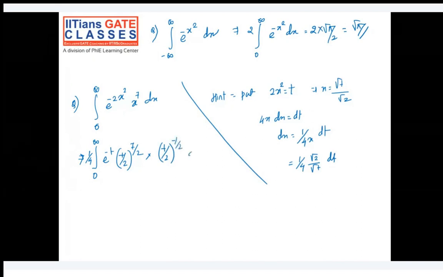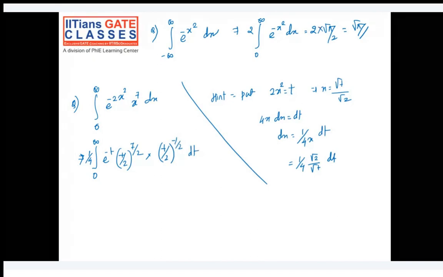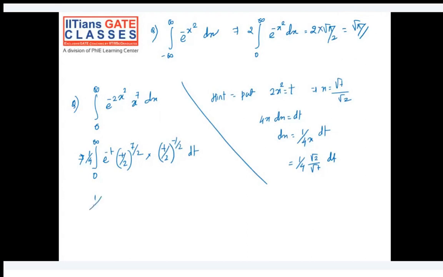Okay, so 7 by 2 minus 1 by 2 is 6 by 2, which is 3. And 2 raised to power 3 is 8. 8 multiplied by 4 is 1 by 32. 0 to infinity e to the power minus t, t raised to the power 3 dt.